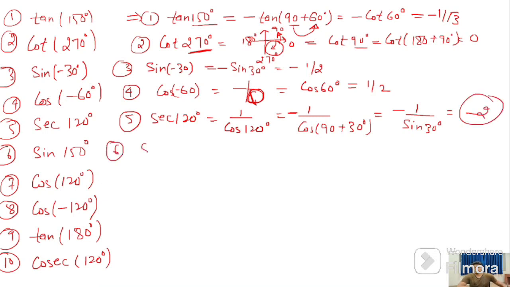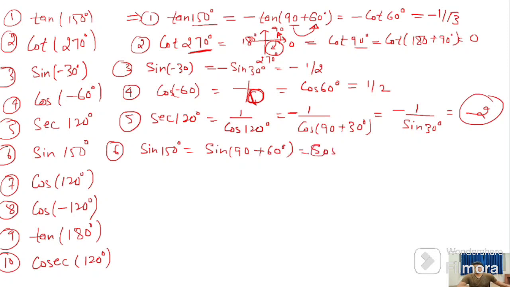Sixth, sine 150 degrees. Sine in the second quadrant will be positive. So sine of 90 plus 60 degrees will be, what is the value? Students, you are sleeping. What is the value?